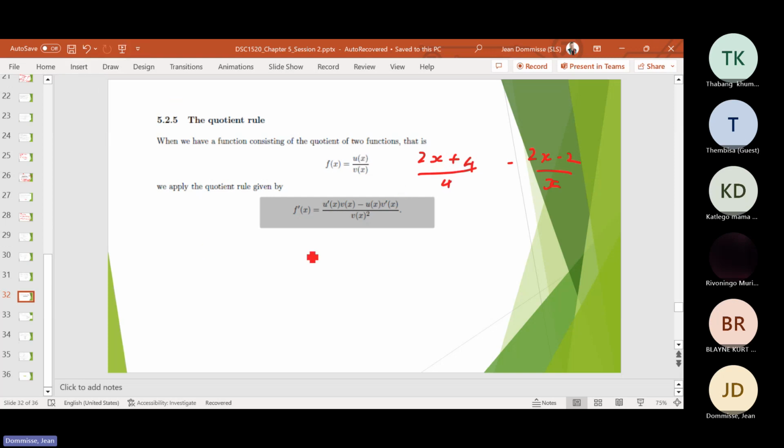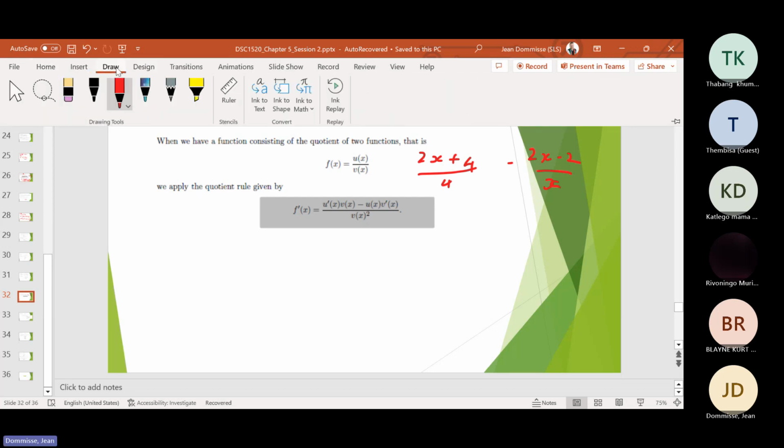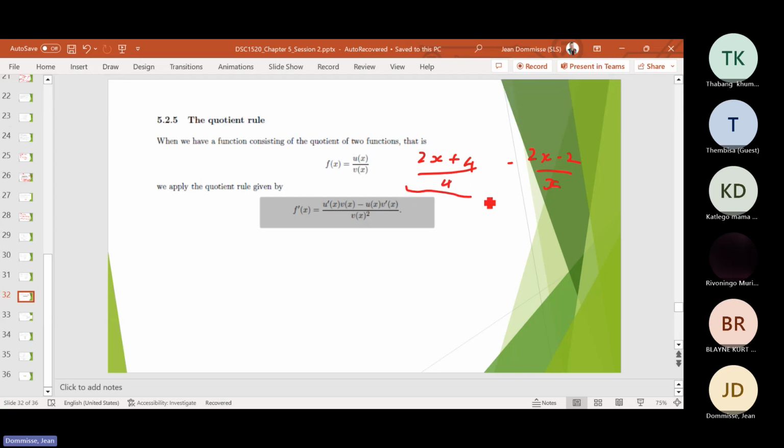So the quotient rule is not when we look at functions like this, because you can simplify this so that you can rather use the power rule than the quotient rule.